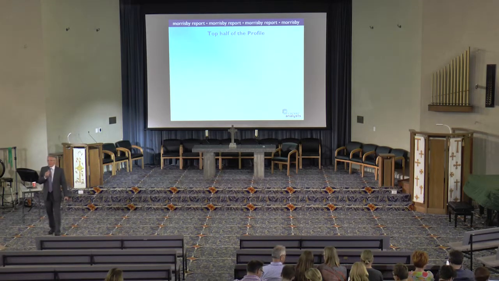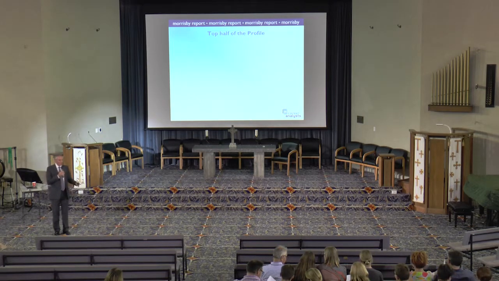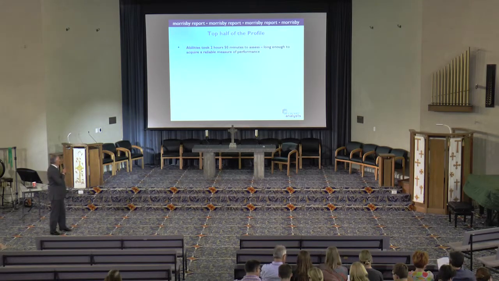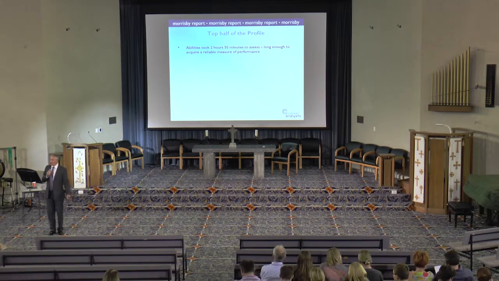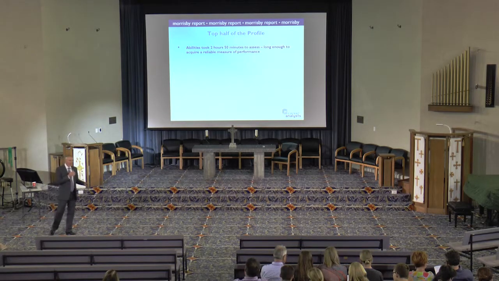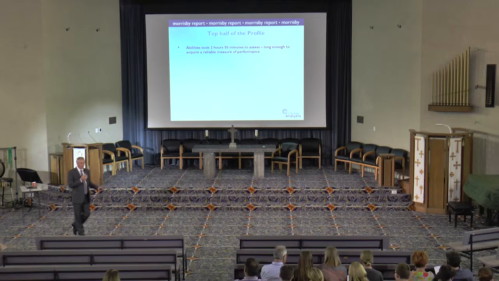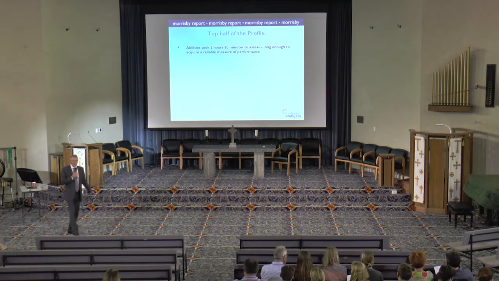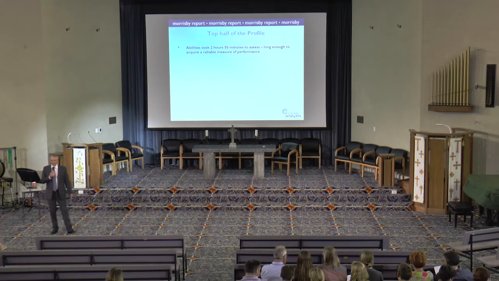Now, page 3 has 12 bars on it. I'm going to be focusing for most of this evening on the first 6, reasoning down to mechanical. Those 6 bars took 2 hours 50 minutes out of the elapsed 3¼ hour test session. So that was the bulk of the time. And we needed that length of time to acquire a reliable view of the person's performance in each of those areas.